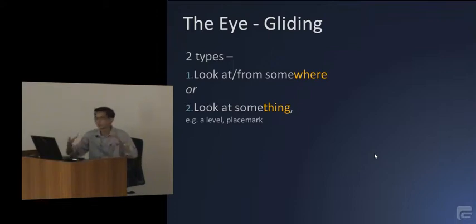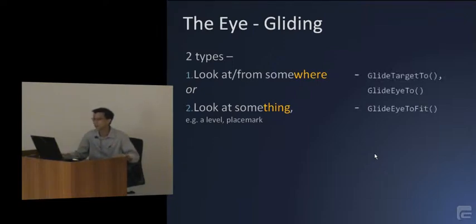You just ask Germanium, I want to be able to see the whole of level 2, and Germanium will do that for you. These 2 types fall under these function calls. So the glide target to and glide eye to are for looking at and from somewhere, and the glide eye to fit is to look at something. So you pass in the object you want to fit in Germanium.